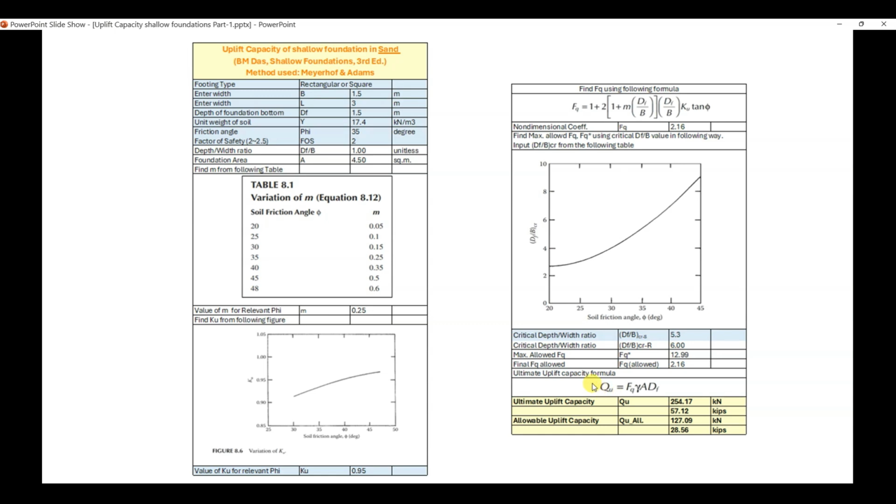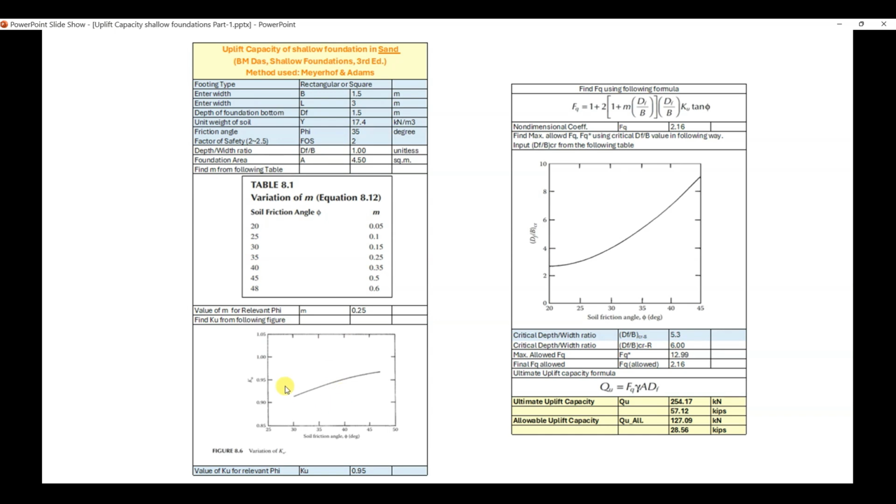So we have already discussed that the formula for calculating the ultimate uplift capacity is this: FQ multiplied by gamma A Df. Gamma A Df is known to us. FQ can be determined from this simple formula. FQ is dependent on M and KU, which have to be determined additionally. M can be determined from this table. For 35 degree here, the M value will be 0.25.